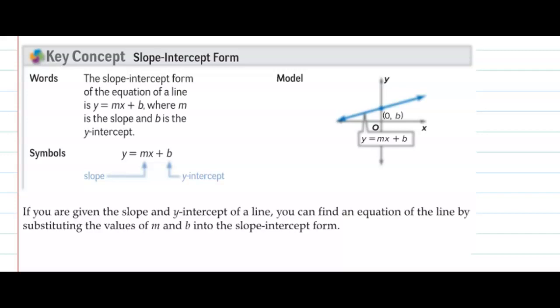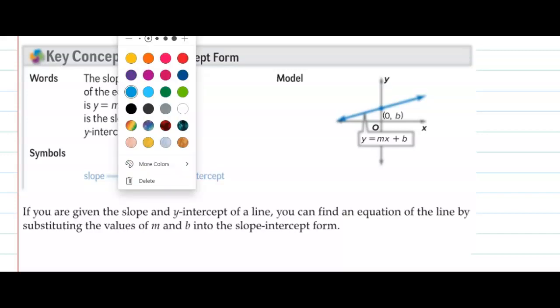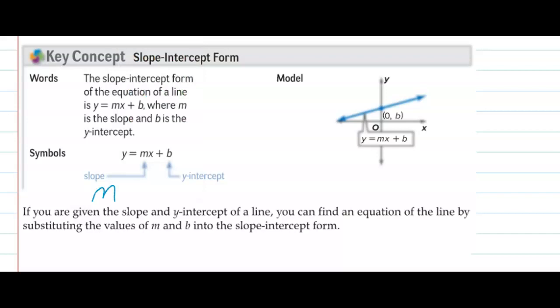Now, a couple of ways that we can remember this information. The slope is represented by the letter m, and it kind of looks like ski slopes, like hills. The y-intercept is always represented by the number by itself, and that number when graphed will always be on the y-axis because "by" is a word, but "bx" is not a word.